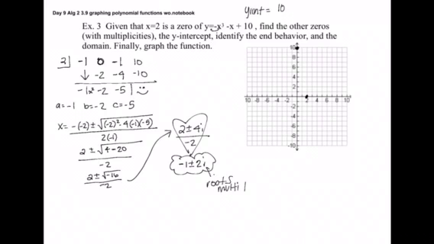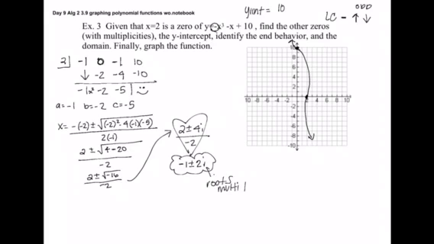Looking at my leading coefficient, it is negative. My degree is odd, so if I had a negative odd, it was up to the left, down to the right. So I know my graph is going through 10, up to the left. It's cutting at 2, down to the right.